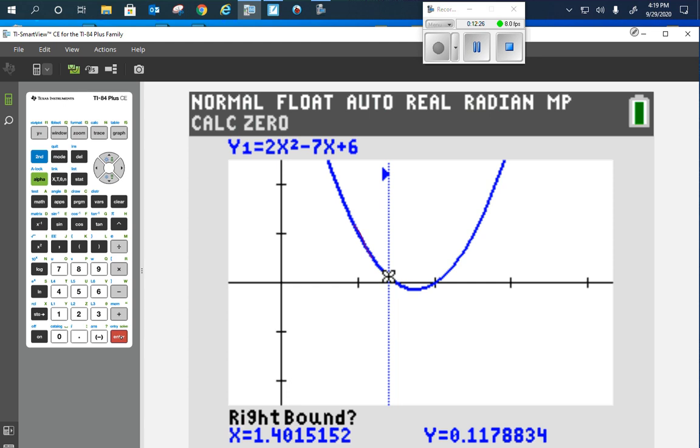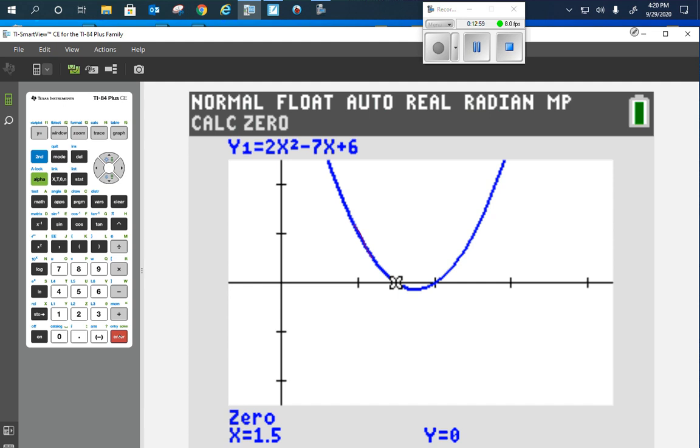And then right bound, well, now only use the right arrow key until you're to the right of that x-intercept, and push enter. And it's saying, you want me to find the one in between there? You want to go ahead and guess? You always have to push enter the third time, guys. So now it's actually making it exact. Okay, it's saying y is 0 when x is 1.5, which there you go, is 3/2. Okay, that we saw from the previous screen.